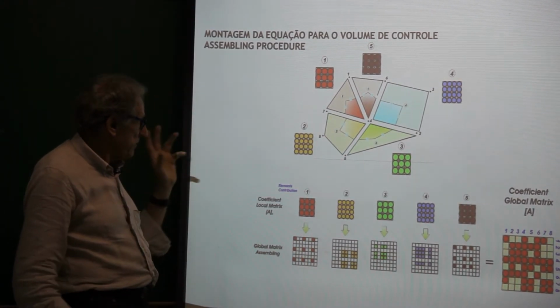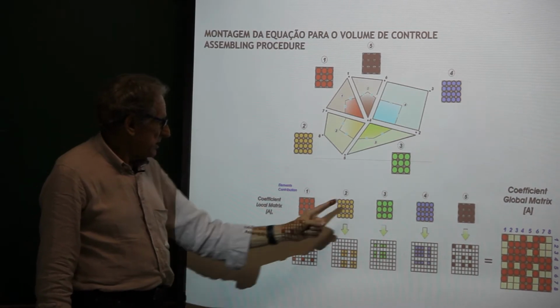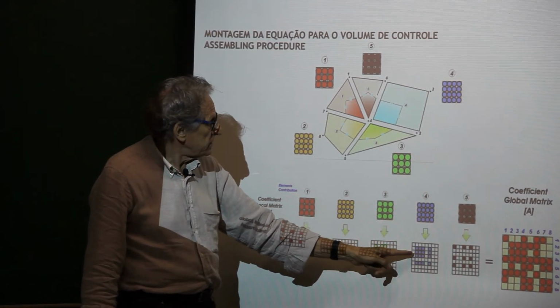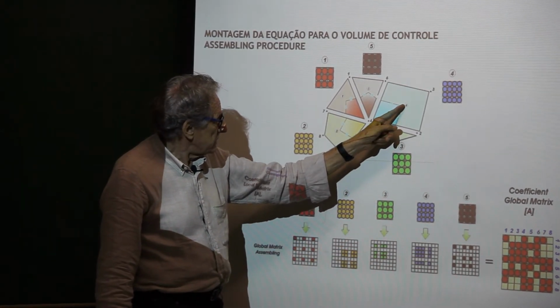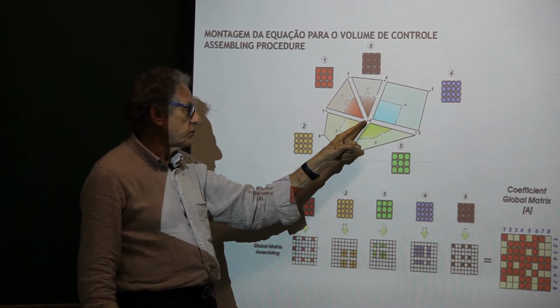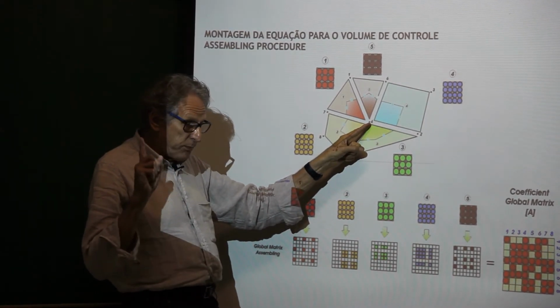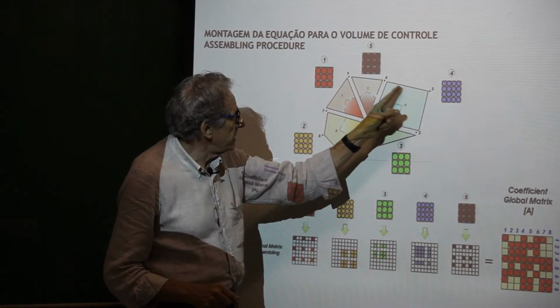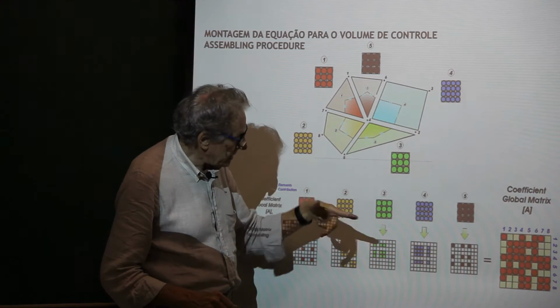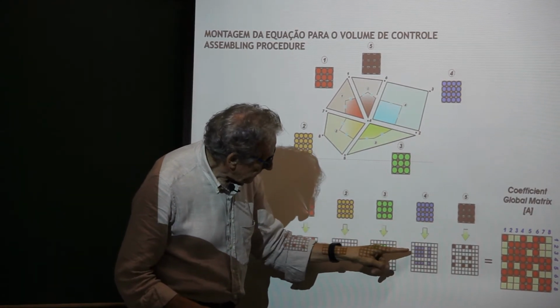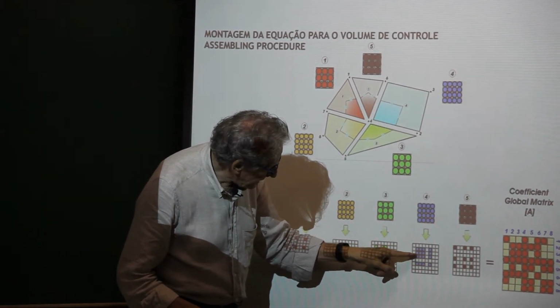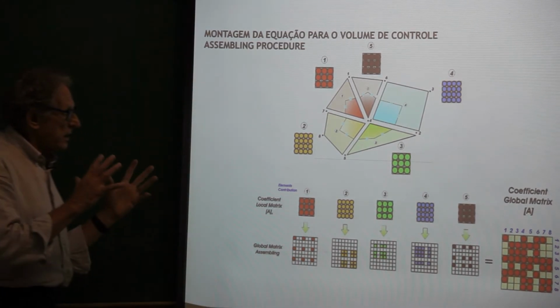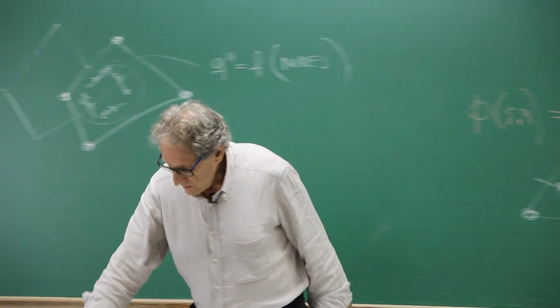This is not very clear, the picture. Element 4 contributes to the grid point unknown 4. They use 2, 3, and 6, and the number 4. So you build the matrix this way.